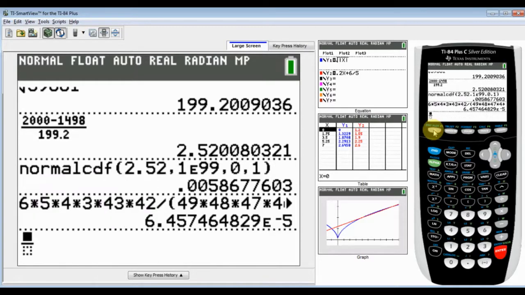Why 42? Because you already have 6. You need 6 as well. 49, 48, 47, 46. What are you calculating? If you get 5 correct.